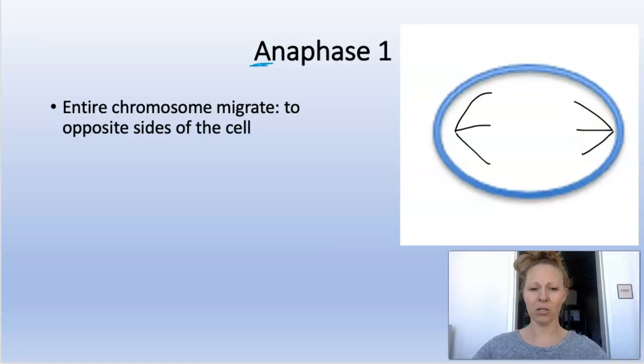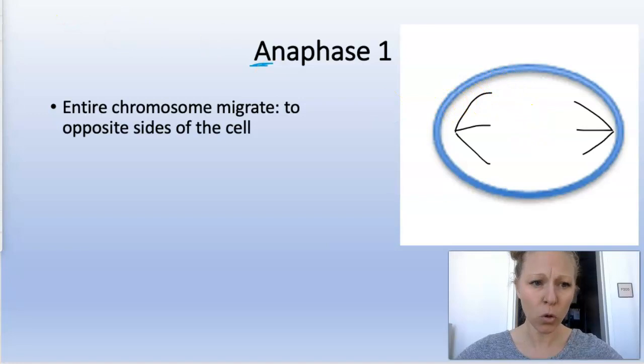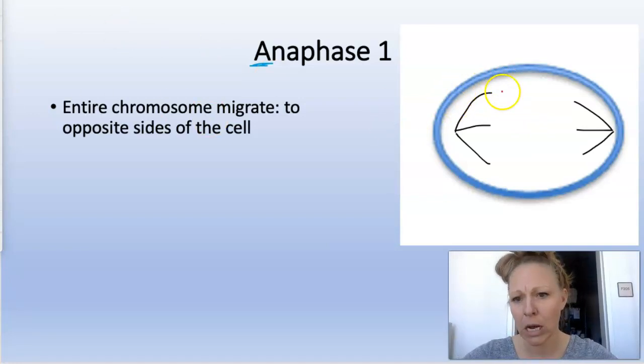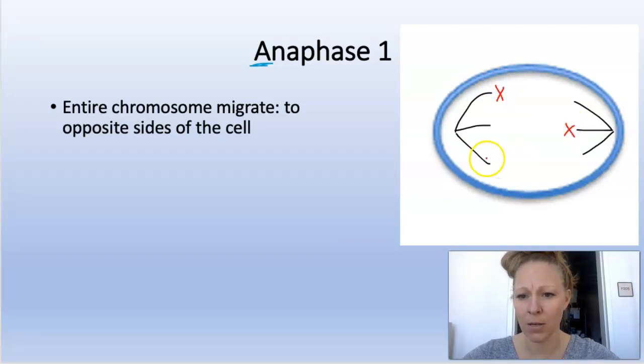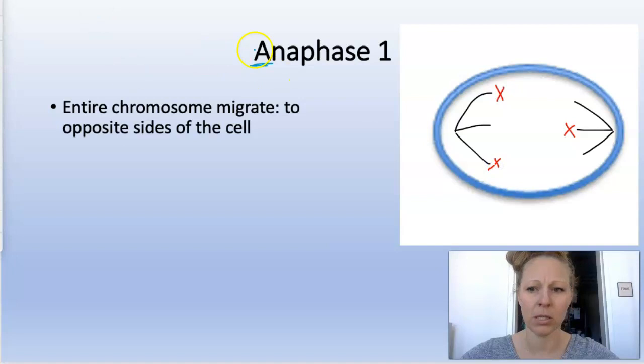And so in anaphase in mitosis, we had just little halves of our chromosomes migrating to the sides. But here we have entire chromosomes migrating to each side. And remember that they're crossed over. I'm not going to cross them all over because it's too tedious and I don't want this to be 30 minutes long.